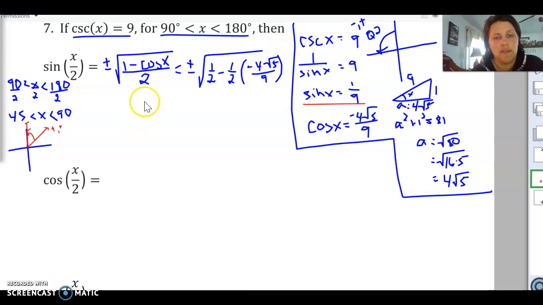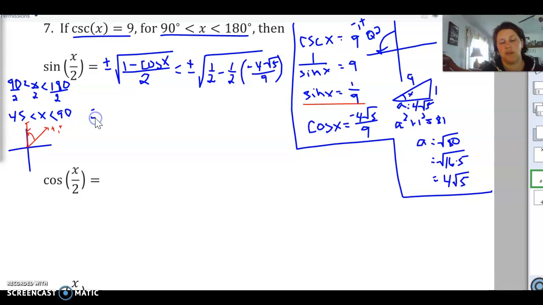Right? And then when we were working with the half angle identity, this is equal to x over 2. So for the sine of x over 2, since this is what we're finding, we need to use the domain for x over 2, which is in quadrant 1, which is going to tell us that our sine value is going to be positive.